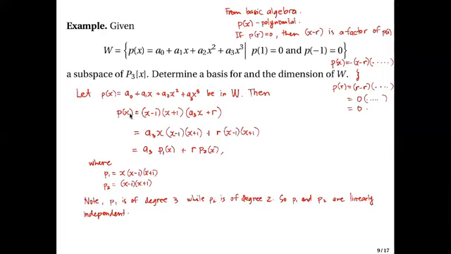And take note, P, it's a polynomial in W. It's any polynomial in W. And this last equation here tells us that W is actually a span of P1 and P2.